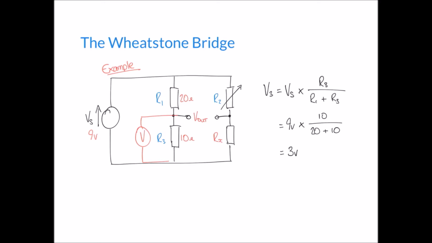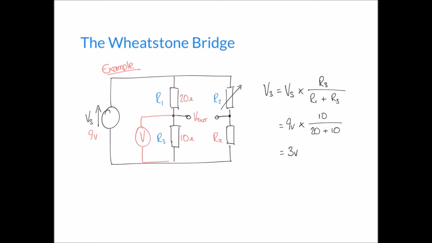Remember, on the right-hand side, however, one of our resistances is unknown. We don't know the value of this resistor Rx. We do have a variable resistor which works on a sliding scale. Let's suppose, for the sake of example, that we've adjusted our variable resistor R2 until the voltage V out is 0.